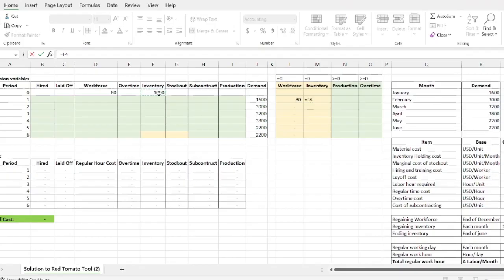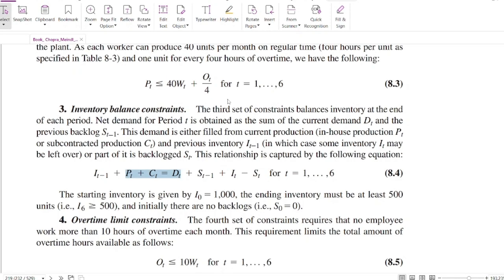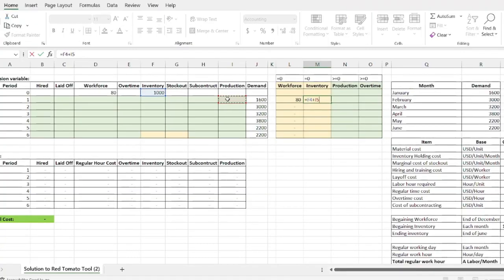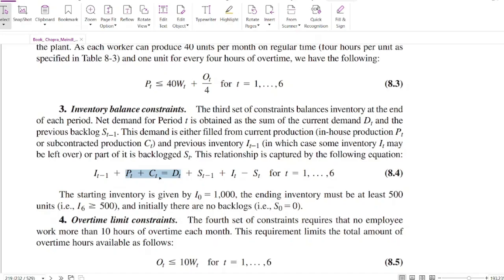Then plus production of current month. Plus subcontracting of current month. Then this is the first part, right?